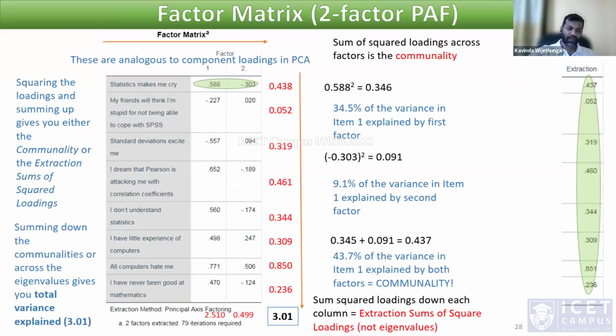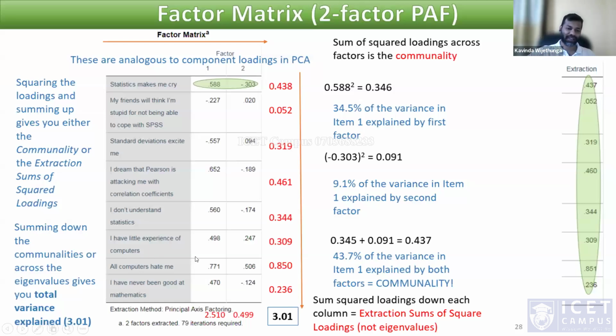We'll see the factor matrix of the previous one. This is the factor matrix. We can see there 0.588, 0.43. The extraction method is principal axis factoring. Two factors extracted, 79 iterations required. To extract these two factors, it used 79 iterations.